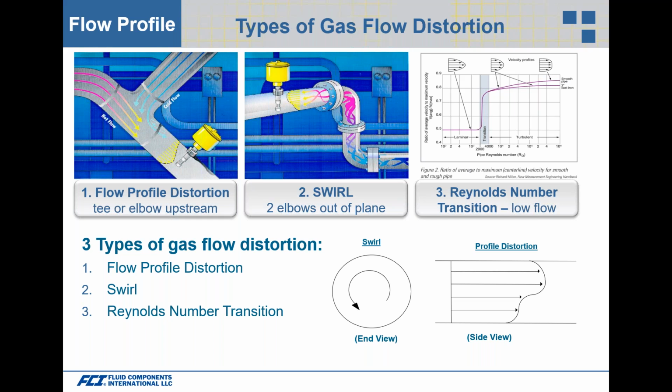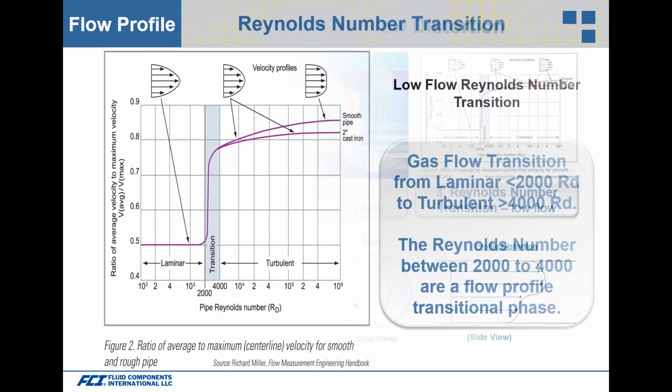And then something that is not discussed much is Reynolds number transition. If you have a smaller diameter pipe with a low flow, there's something called Reynolds number transition, and it's affected in the low flow portion of the flow.